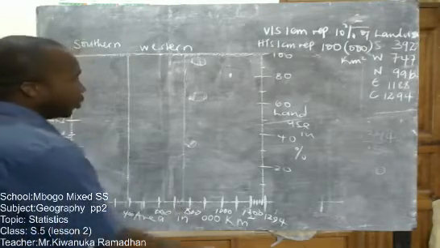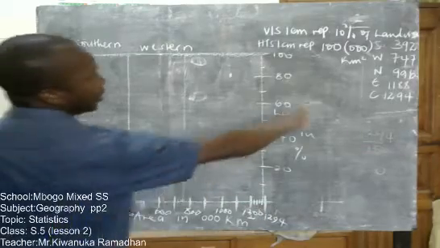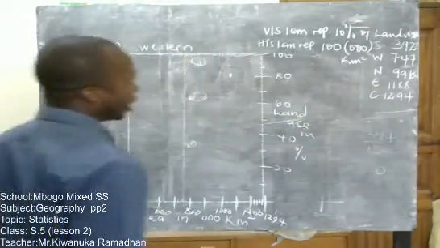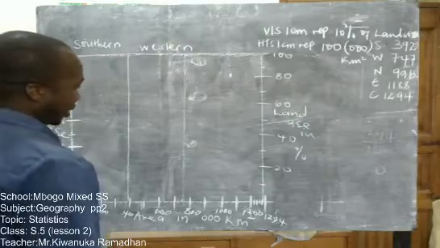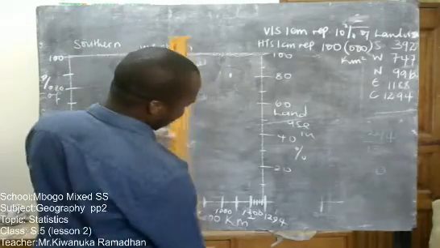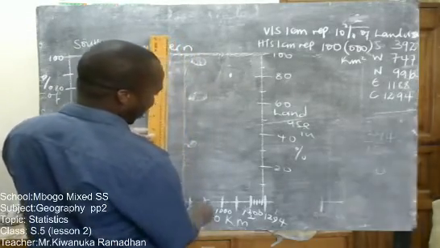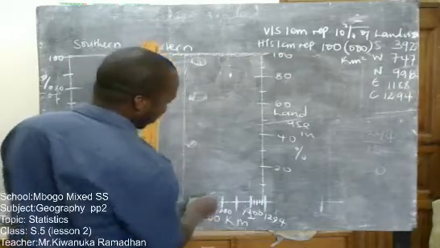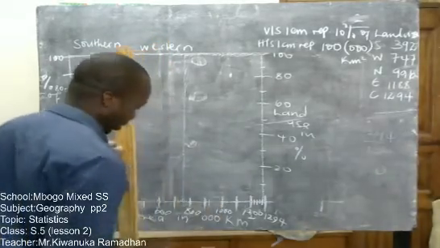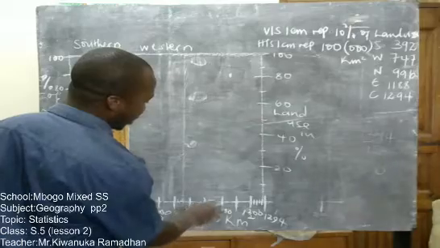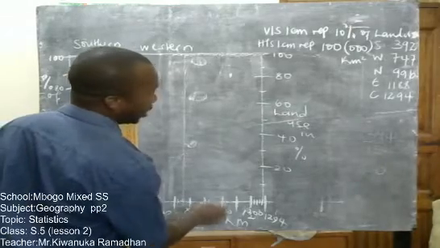Now you do even northern. That is 996. This is 900 plus 2. Here we have a smaller box, 920, 40, 60, 80.